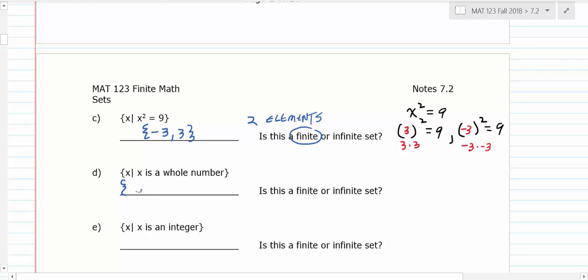They don't include decimals or anything. It just starts with 0, then it's 1, 2, 3, and then it goes on forever. So you use this ellipsis to write that out like that. Okay, that just means goes on forever. That's an infinite set. You cannot count the number of whole numbers because they go on forever. Okay, so that's what we mean by a whole number.